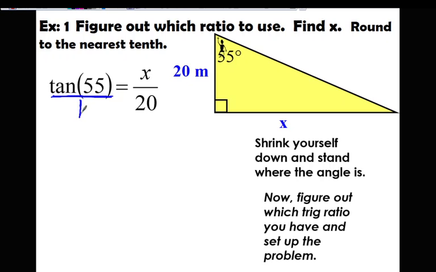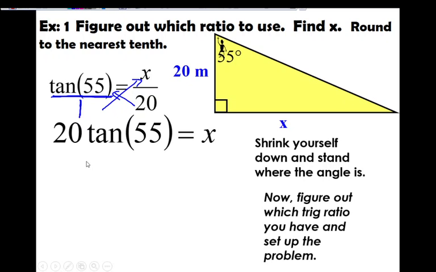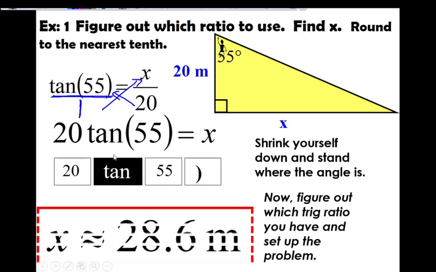So put this over 1 times x, 20 times tangent of 55. When you cross multiply, you get this, and then you plug it into the calculator, and you get your answer. That's all there is to right triangle trig. It's really, really simple. You just have to be able to figure out which two sides you have and are dealing with, figure out the trig function that you're using, and then plug it into the calculator.